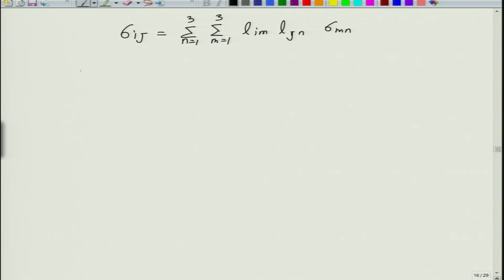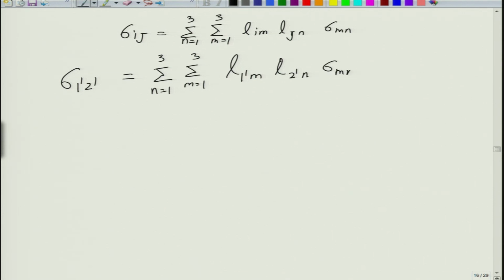Let us say I want to calculate sigma 1 prime 2 prime. If I write this as an expression, I fix certain things here: L 1 prime m, the second one becomes L 2 prime n, then this becomes sigma m n. So I am only left to vary m and n. First we vary along the row.